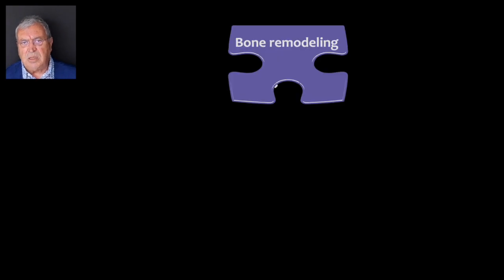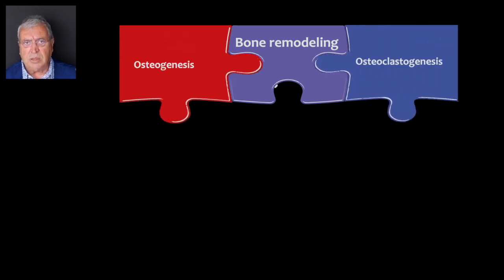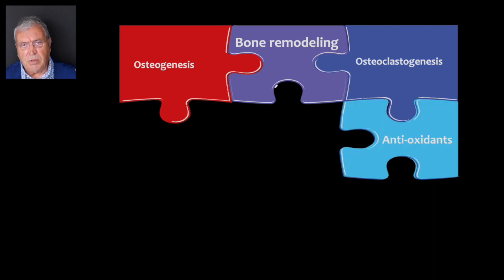The objective is the remodeling, because remodeling is the guarantee of the bone stability. We need both osteogenesis and osteoclastogenesis. The first condition is to have enough antioxidant.